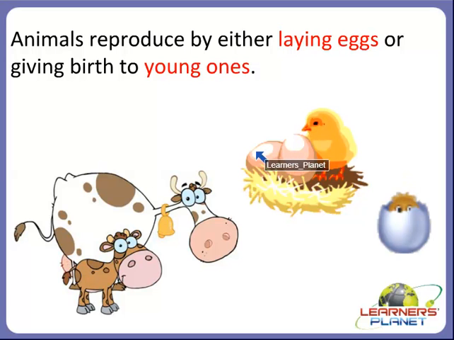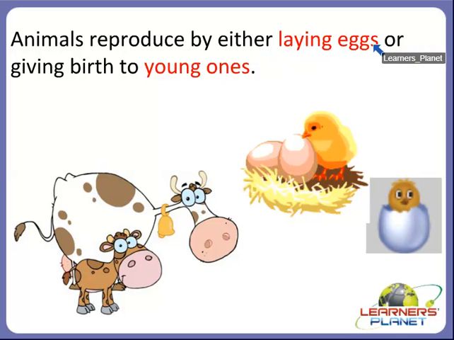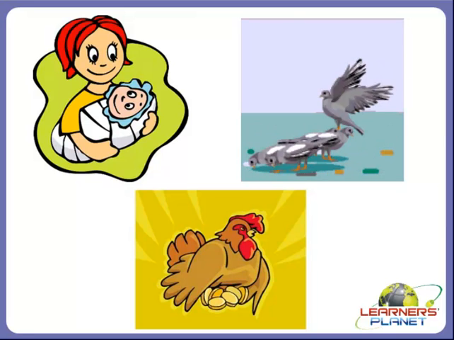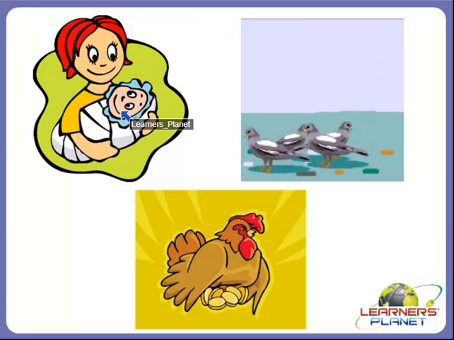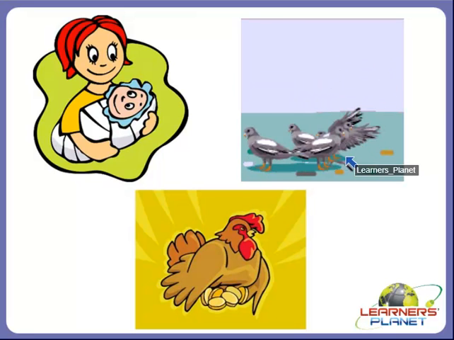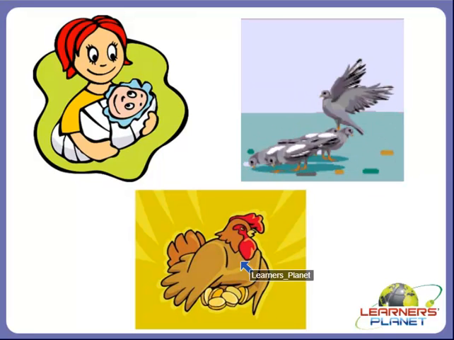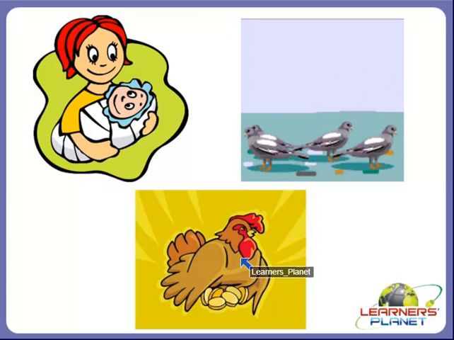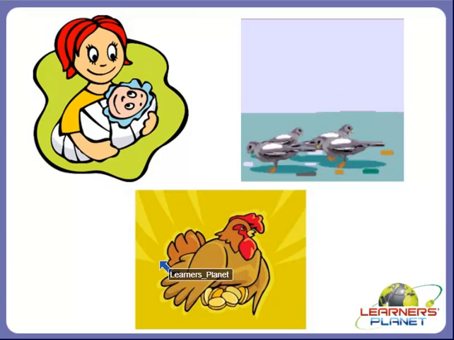So children, always remember that animals reproduce by either laying eggs or giving birth to young ones. Okay, children, so we can see that a woman gives birth to a baby while pigeons and hens lay eggs from which chicks come out. Okay, children?